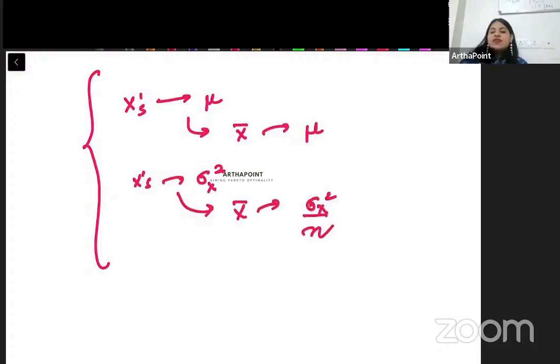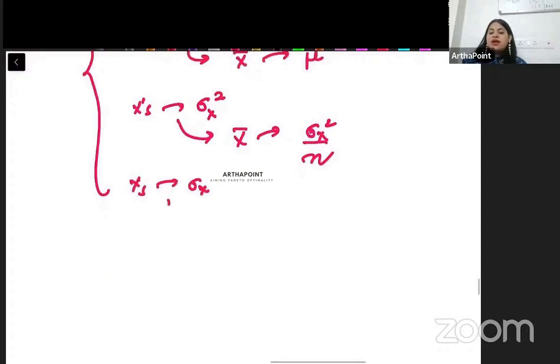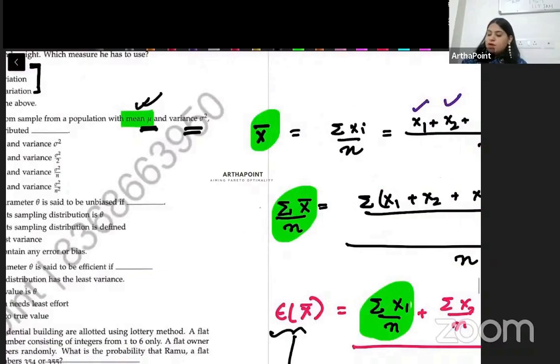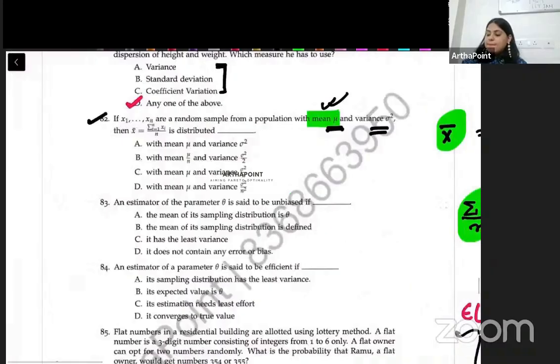We have done this in the stats class. If the xi's have standard deviation sigma, then the standard deviation of x bar will be sigma by root n. You have to remember these things. So the answer to this question will be D. This is the mean and this is the variance. Okay, come to the next question.